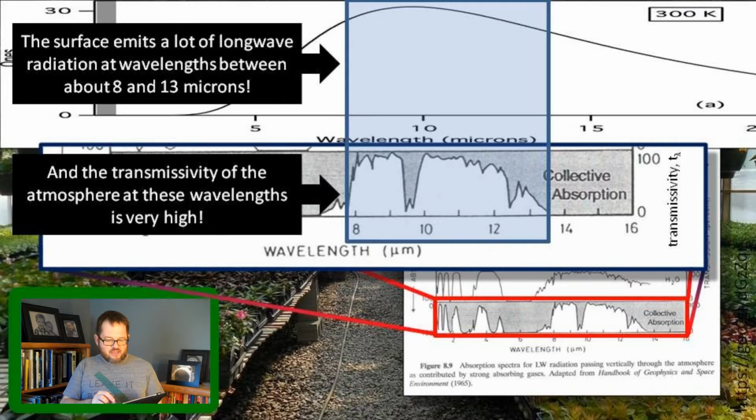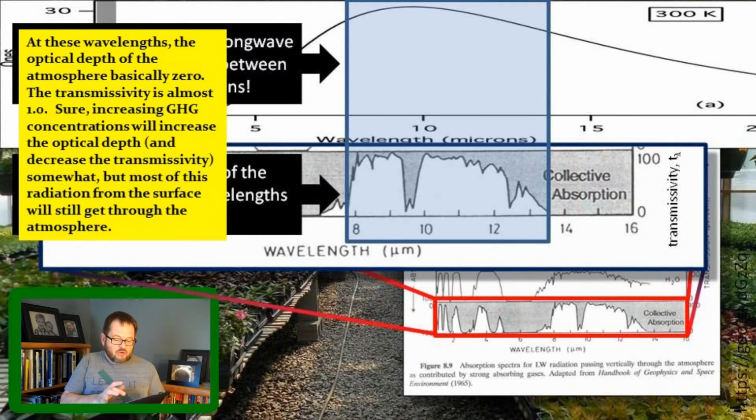In the same sort of way, there's a big chunk of the electromagnetic spectrum between about 8 microns and about 14 microns, maybe 13 microns, where, again, looking at the top diagram there, the Earth's surface emits a lot of radiation at those wavelengths. And looking at the bottom diagram there that shows how much is transmitted through the Earth's atmosphere, well, by and large, the gases that are in the Earth's atmosphere, like carbon dioxide, water vapor, and so on, don't, in general, absorb very much of that at all.